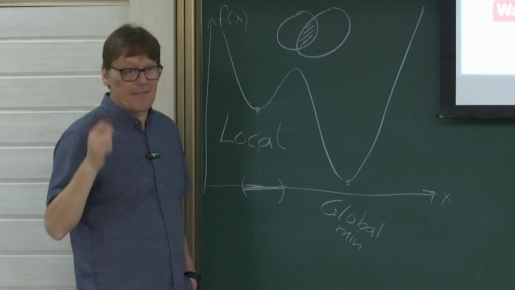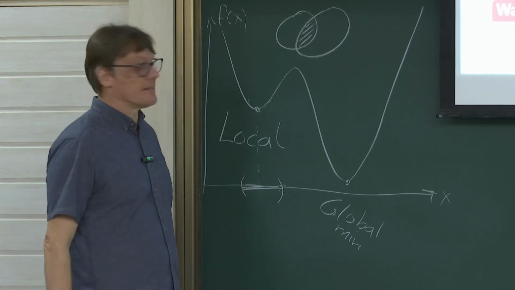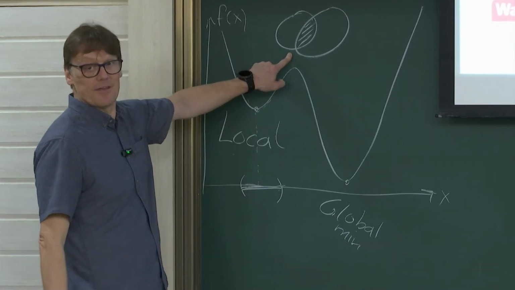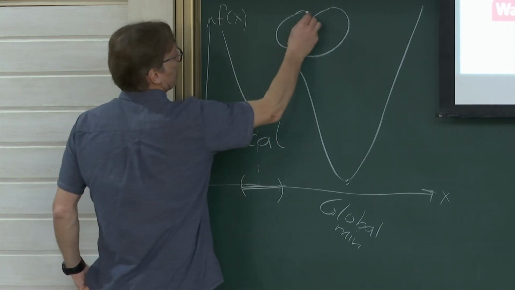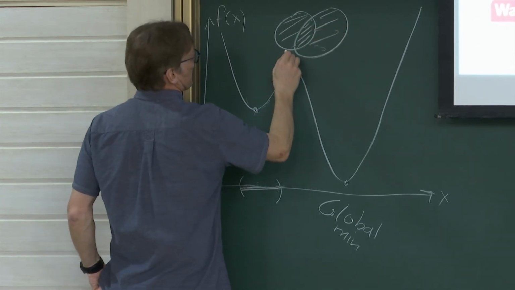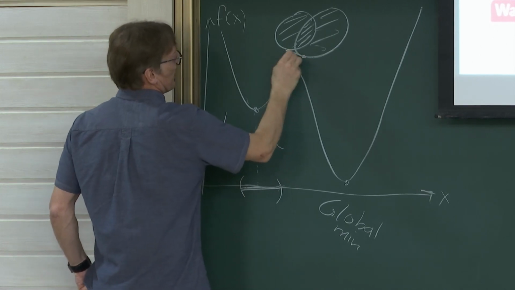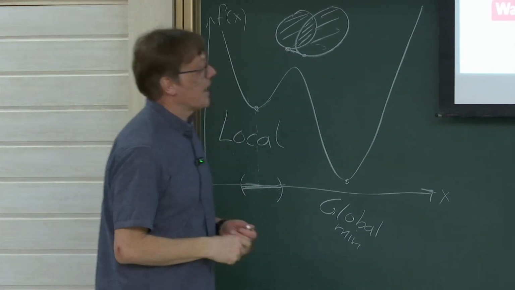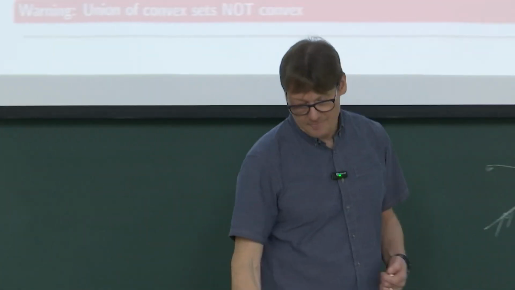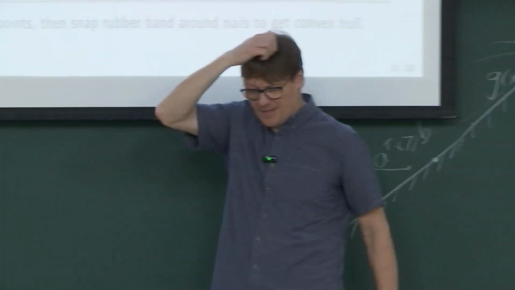But the union, and that's important, is not a convex set, and that's this example here. So if I take the union of 2 circles, then I get these 2 points. And I can choose 2 points here such that the line joining these 2 points does not lie in the set. So that's just a warning there.